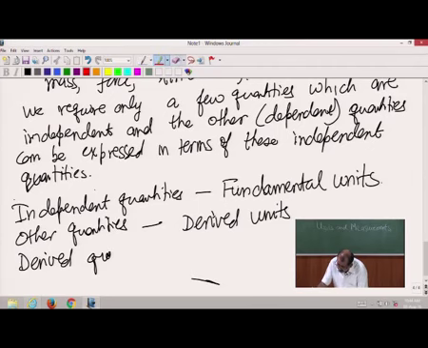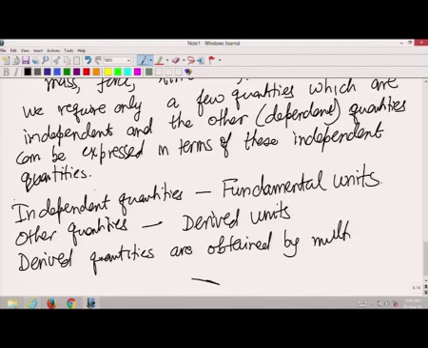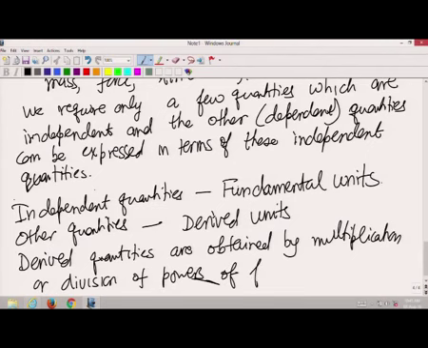And the derived quantities are obtained by multiplication or division of powers of fundamental quantities.